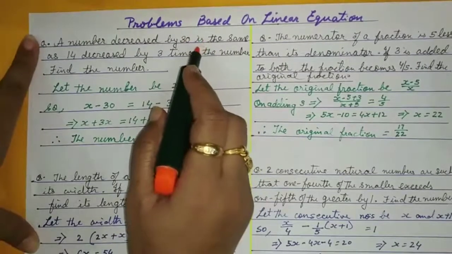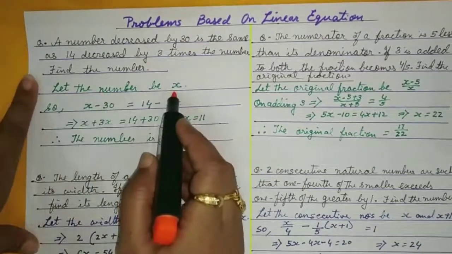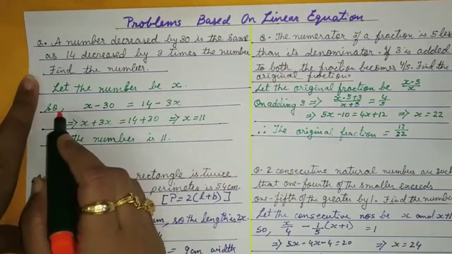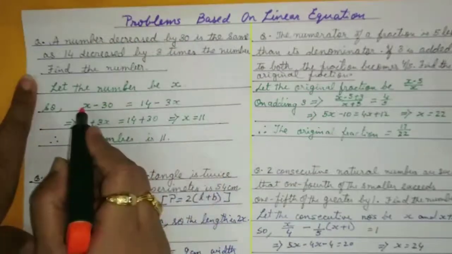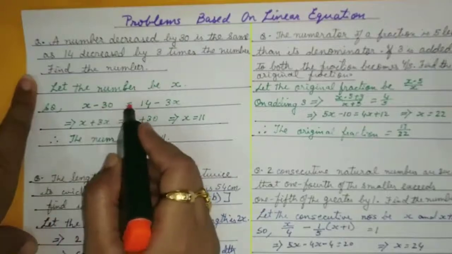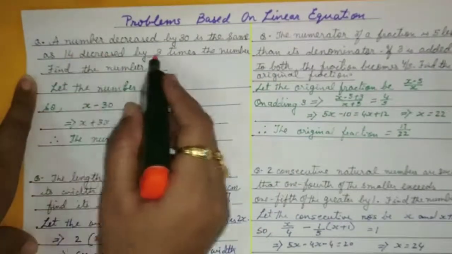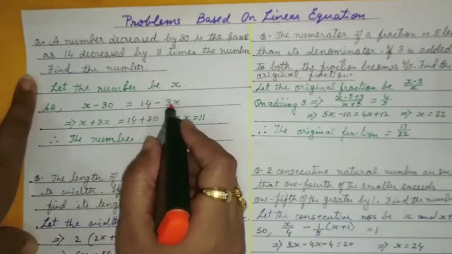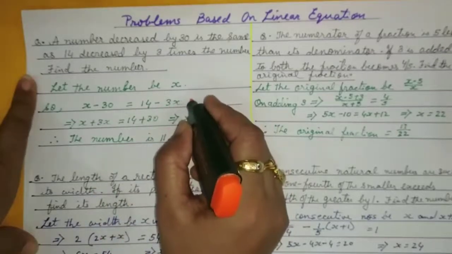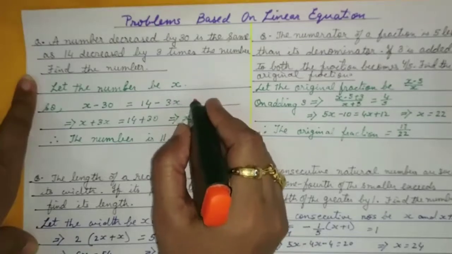First thing that we do is we assume. So let the number be x. So we get a number decreased by 30, so x minus 30 is same as, means equal to, 14 decreased by 3 times the number. So 14 minus 3x.